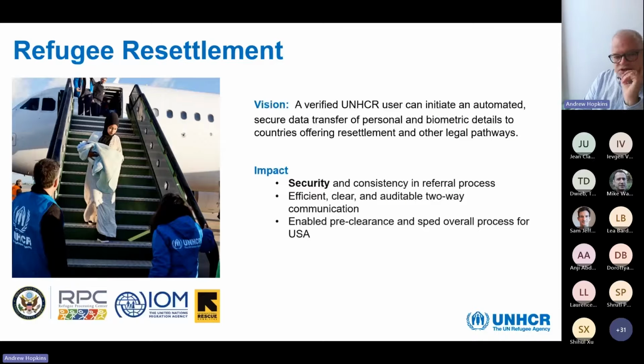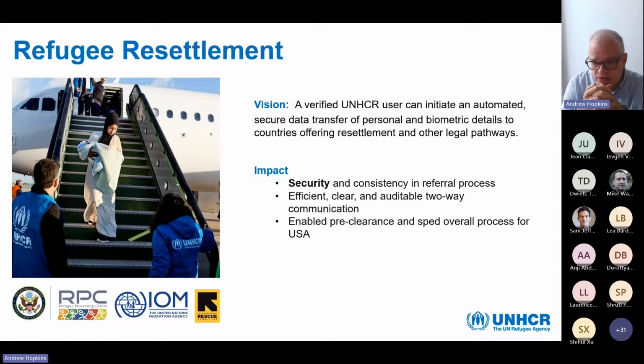Another example, refugee resettlement. UNHCR works very closely with what we call internally resettlement governments, or in other words, governments that receive refugees from host countries when their conditions of asylum are so abject that they need to be resettled to the United States or to Canada or to some European countries, and, well, really, frankly, all over the world.